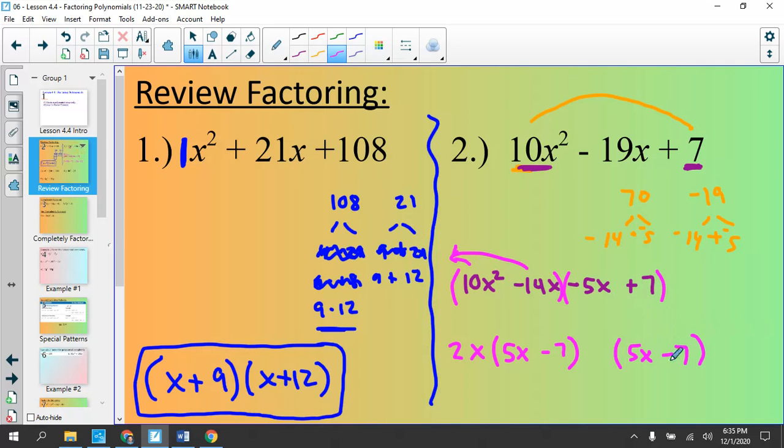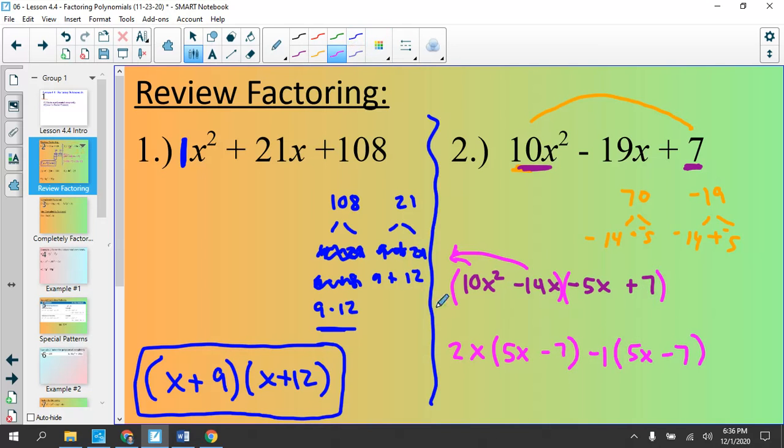It's close, but they're not identical, right? So I ask myself, what do I have to take out of these terms to make this look like this? Again, it's through division. If I just divide out a negative 1, I basically need to change the sign on both of these, right? So if I were to quick check, redistribute, negative 5x plus 7, sure, okay.